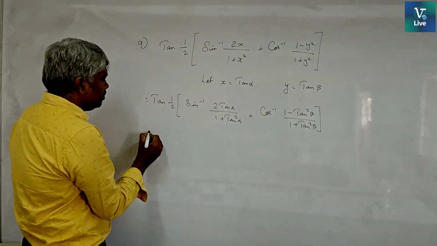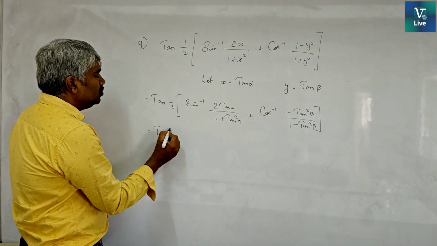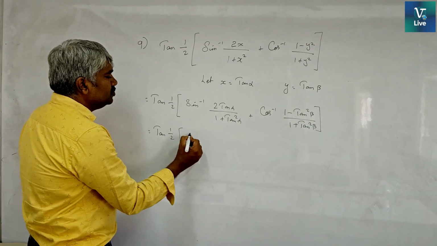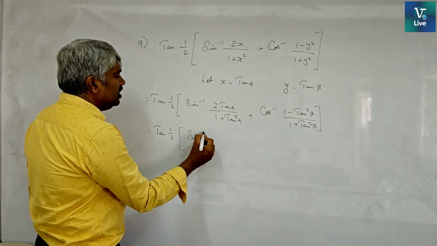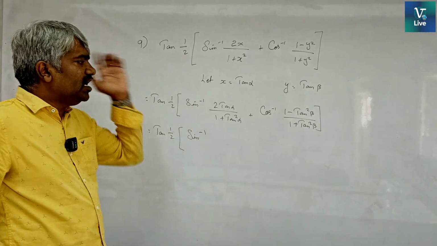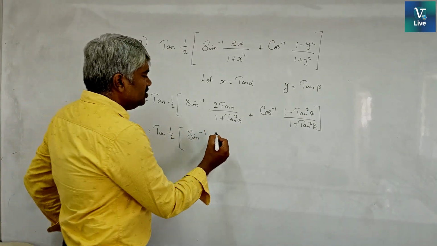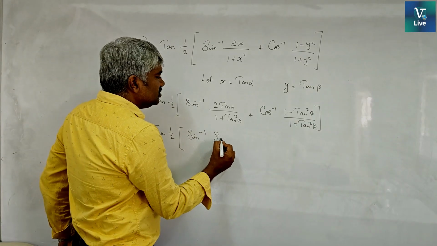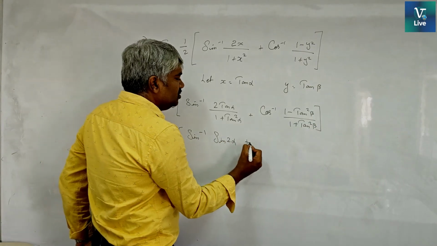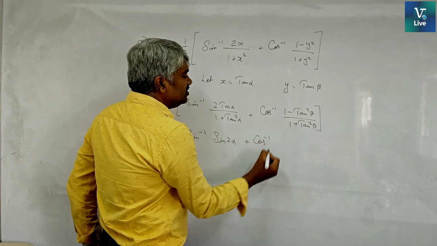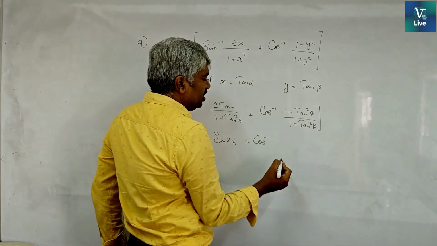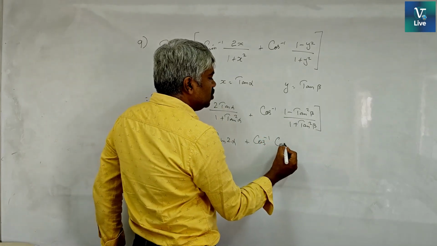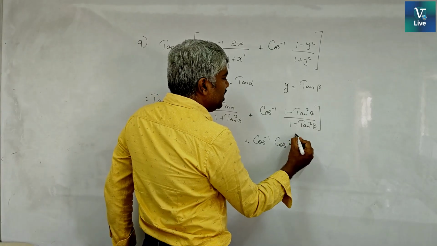Alright. So tan of 1 by 2 into sine inverse of, what is 2 tan alpha by 1 plus tan square alpha? It is sine 2 alpha. Plus cos inverse of 1 minus tan square beta by 1 plus tan square beta is cos 2 beta.